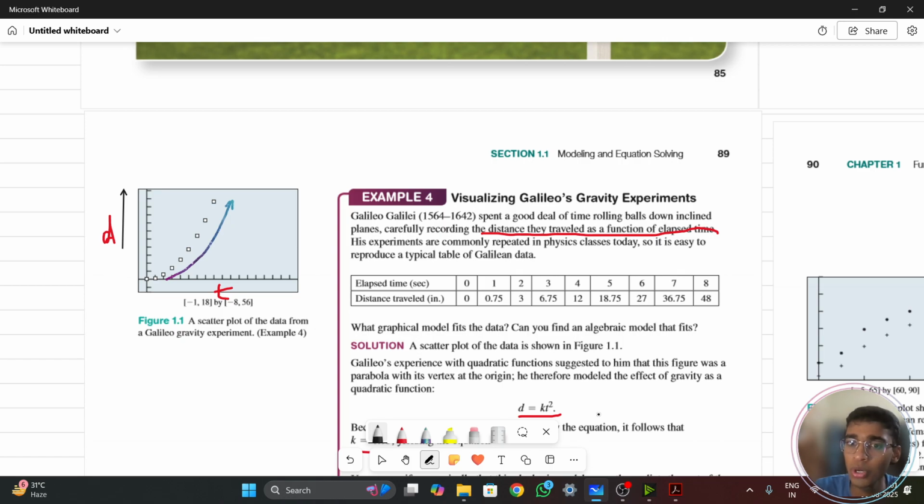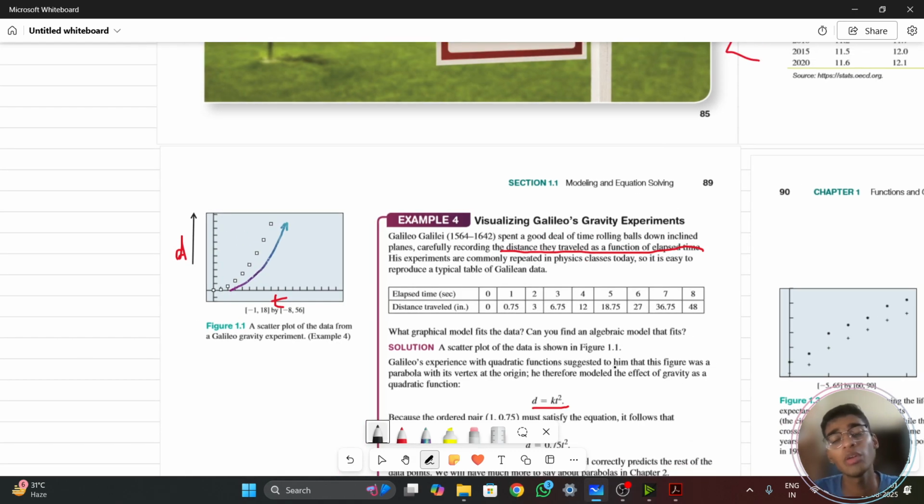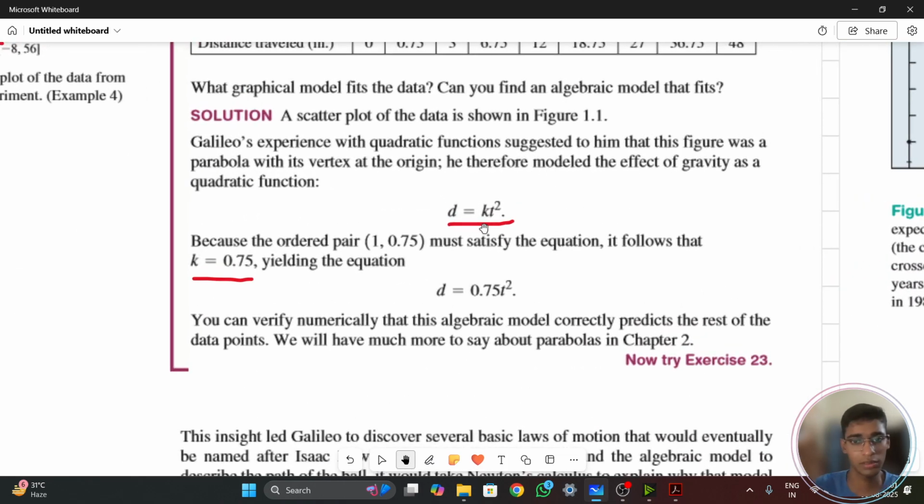When t was 2, you get 0.75 into 2 squared, which is 4, equal to 3. When the time period is 3, you get 3 squared, 9, which is equal to 6.75. So you were able to successfully find a relation, that my algebraic model is this.